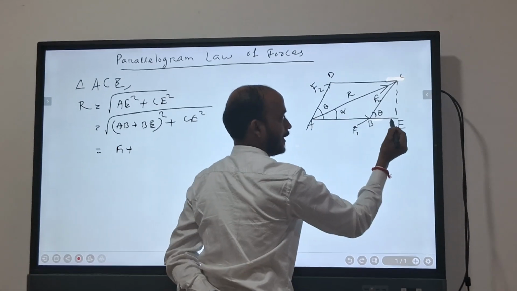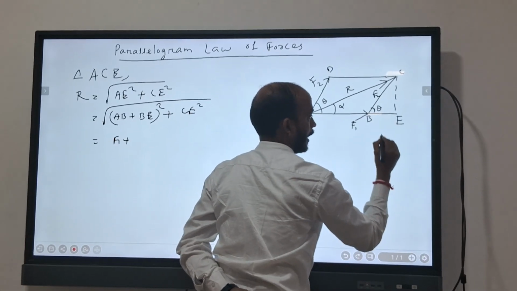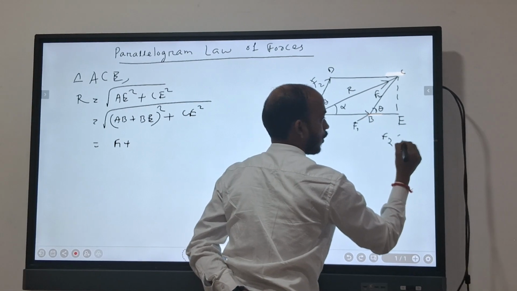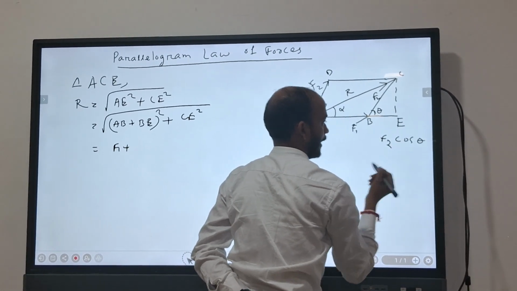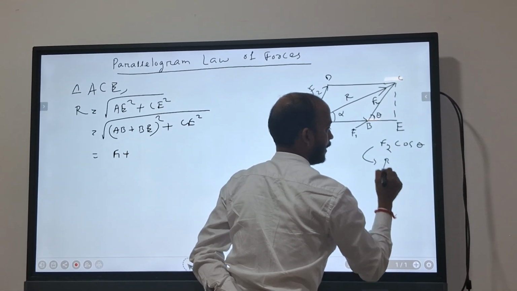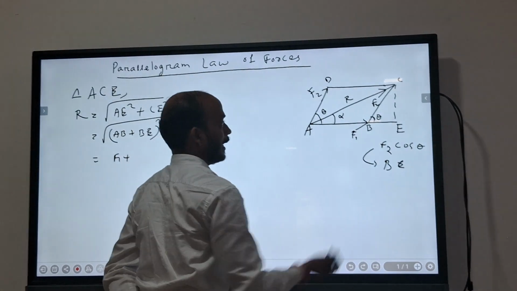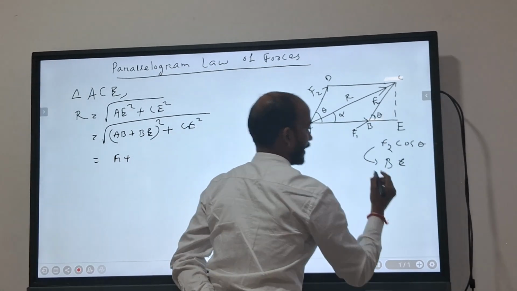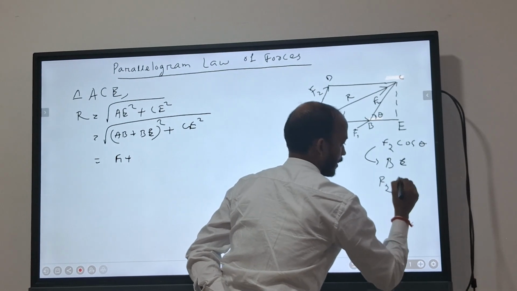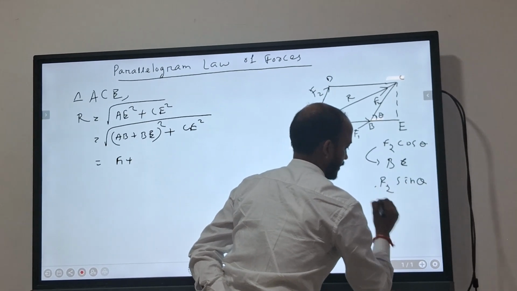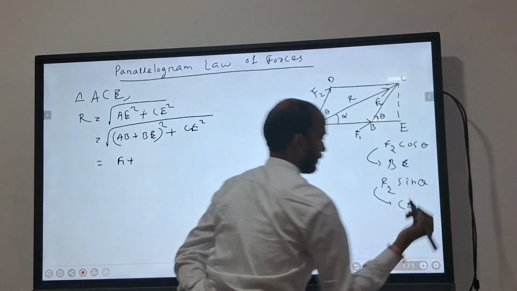Then we can write B as F2 cos theta. It is your BE. And what is C? C is your F2 sin theta. This is your CE.